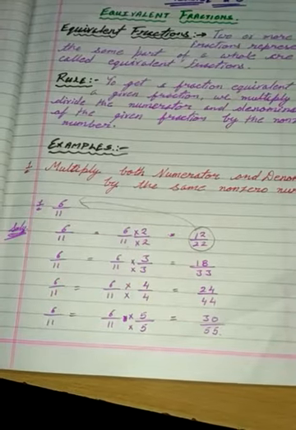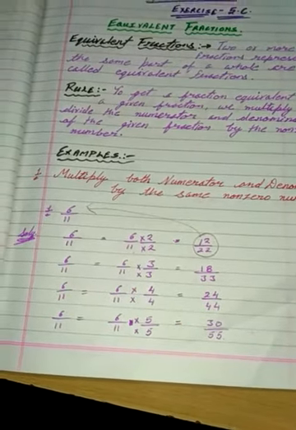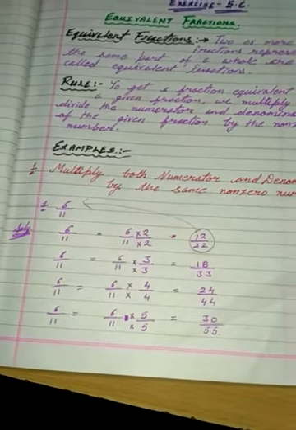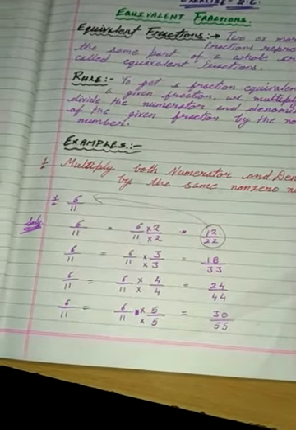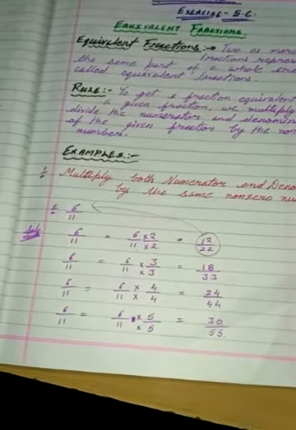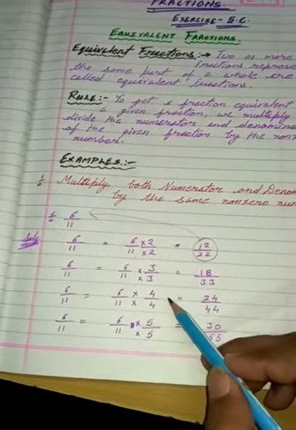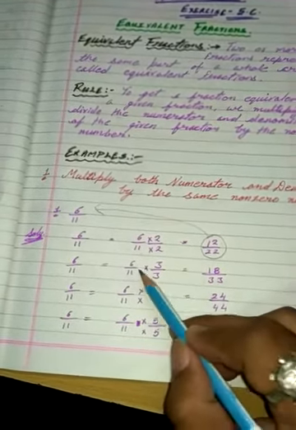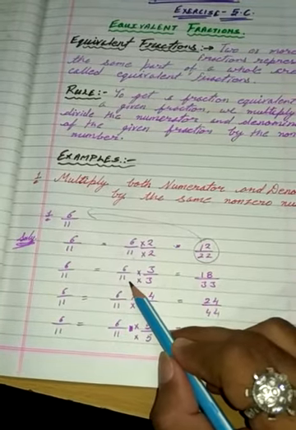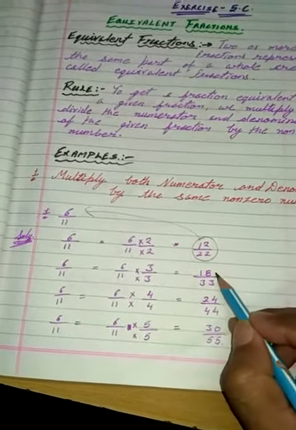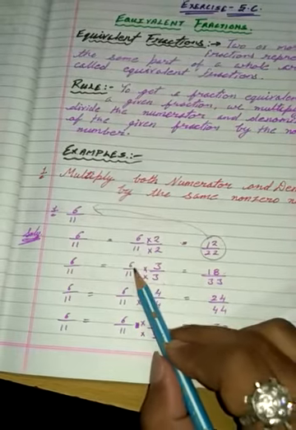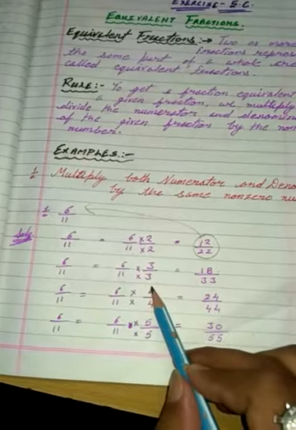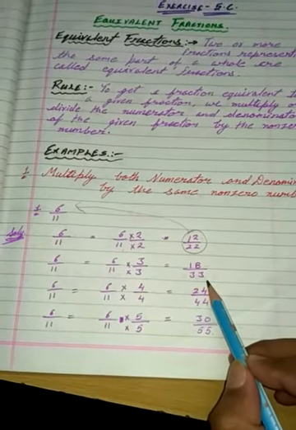We can multiply by any number in both numerator and denominator, then we get an equivalent fraction. Now see, we multiply by 3 in both numerator and denominator, we get 18 because 6 multiplied by 3 is 18, 11 multiplied by 3 is 33.